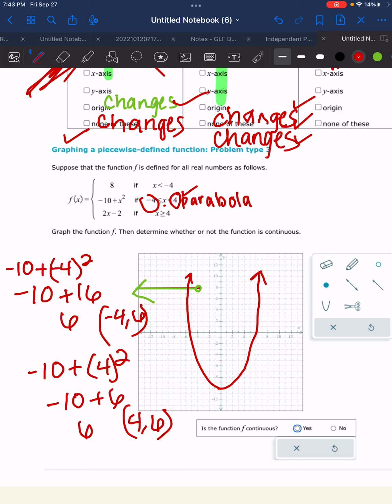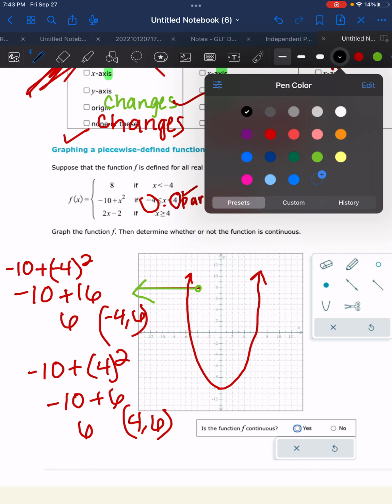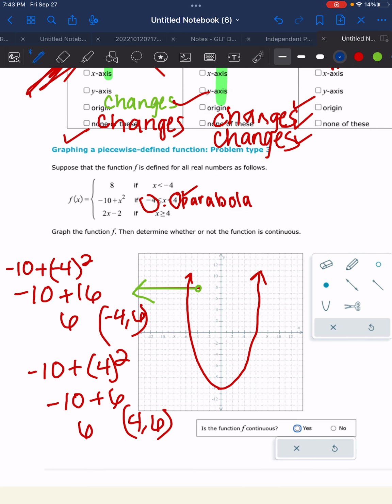Let me go back and redo our graph. So we're here. We know we're at -10. So -4 and 6, and that was a closed circle. So I'm going to close it.